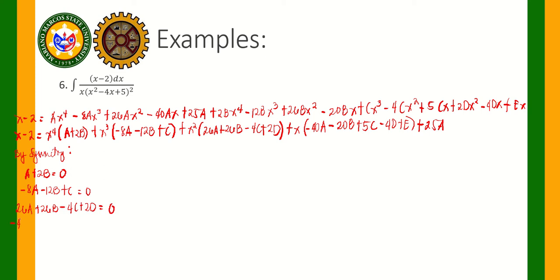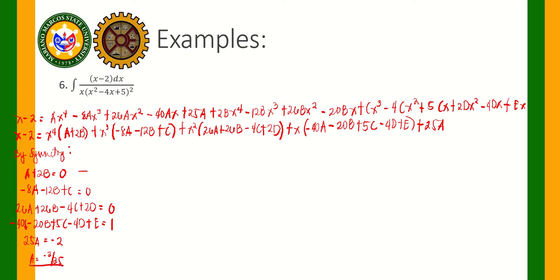And then negative 40a minus 20b plus 5c minus 4d plus e is equal to 1, numerical coefficient ni x. And for our constant, that will be equal to 25a equal to negative 2. And we can actually solve for a dito. So a will be equal to negative 2 over 25.